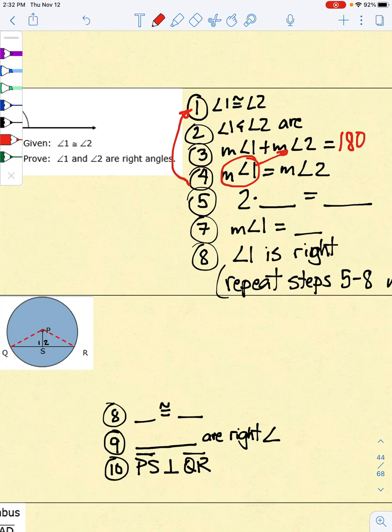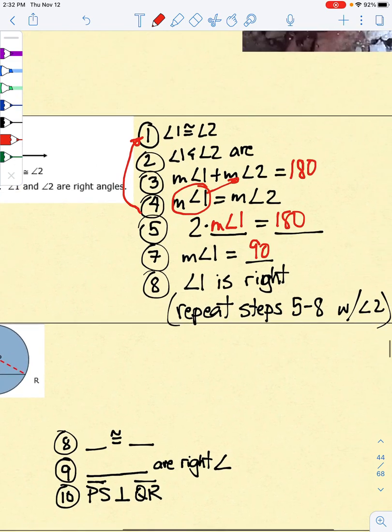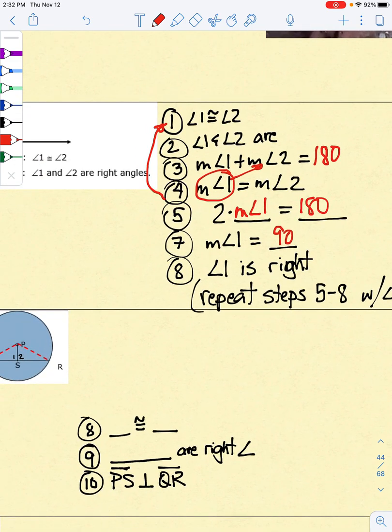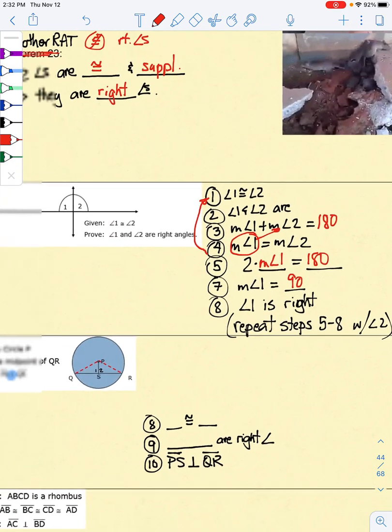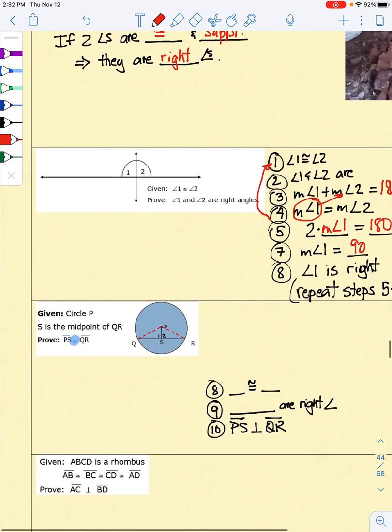In this case, I'll put 1 in for 2. And so then twice the measure of angle 1 has to equal 180. So then by the division property, measure of angle 1 is 90. Okay? And then we know by the definition of right angles that angle 1 is right. I could repeat this process with steps 5 and 8, replacing angle 1 with angle 2. And I'd get angle 2 is right. So we now know that angle 1 and angle 2 are both right angles.